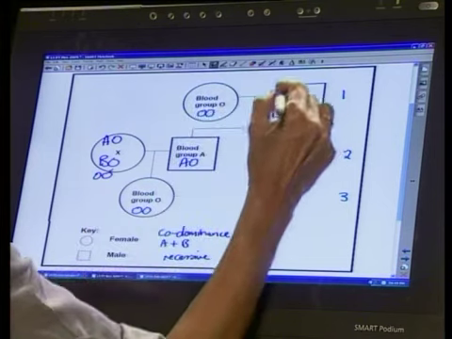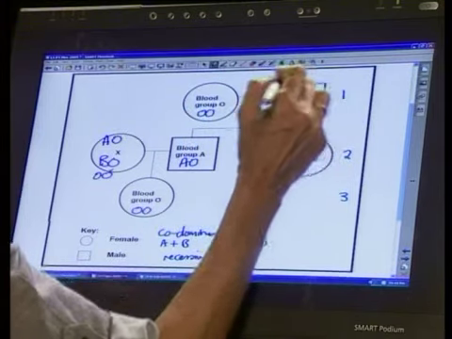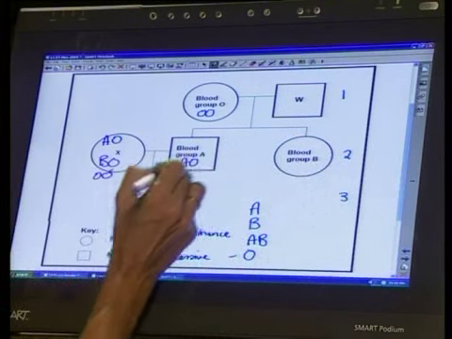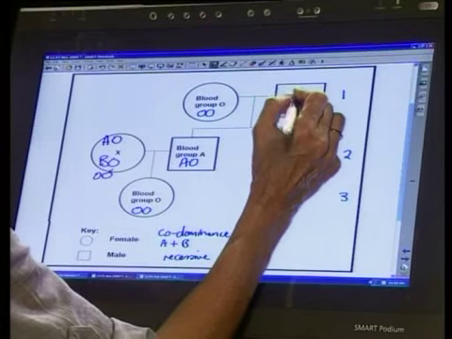If we look at this parent here, we need to know what they are. All we have to know is that this one crossed with that one is going to give you an OO, so it must have an O somewhere. This blood group here, A and B, came from O and A and B here.